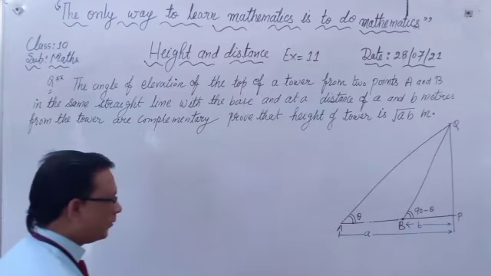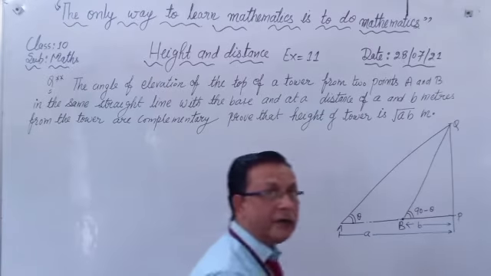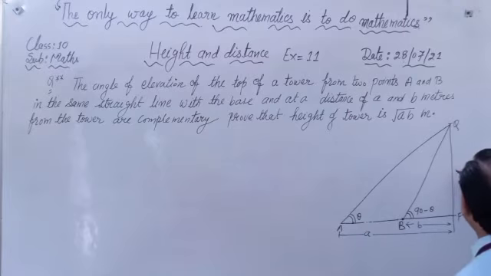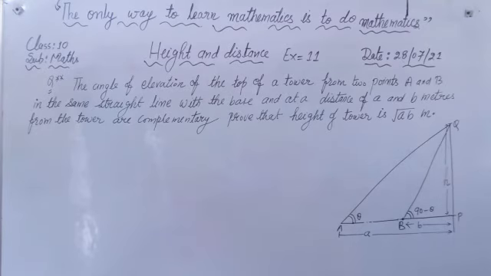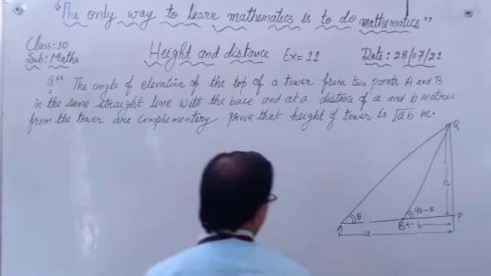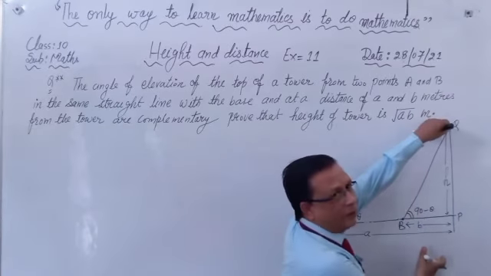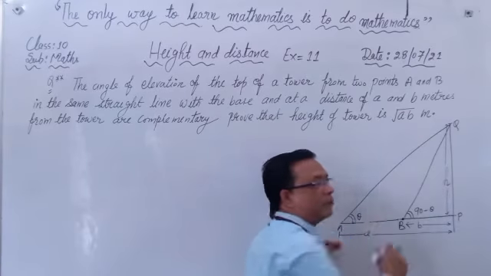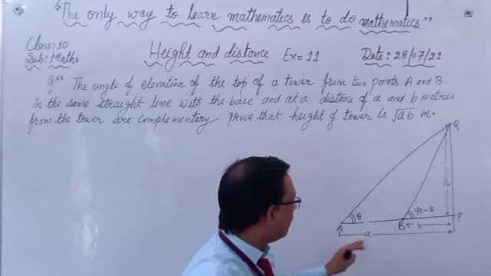Student, let us consider what is the height of the tower. Let h be the height of the tower, so this height will be h. So this is your figure. We consider PQ is a tower and 2 points A and B, where the angles of elevation of the top of the tower are complementary.